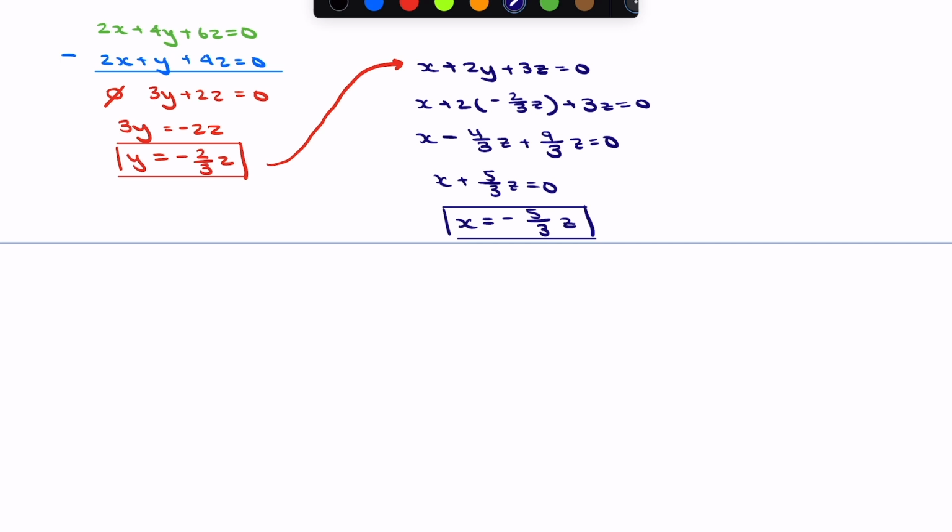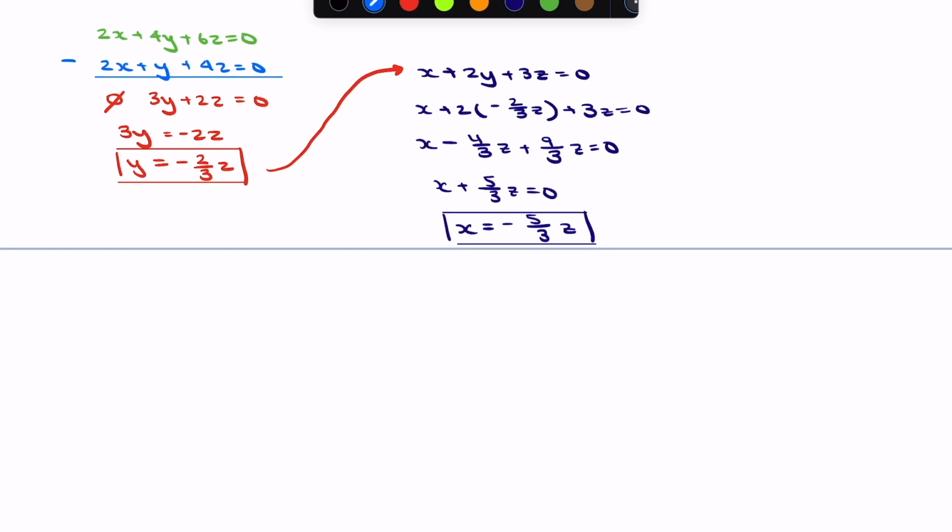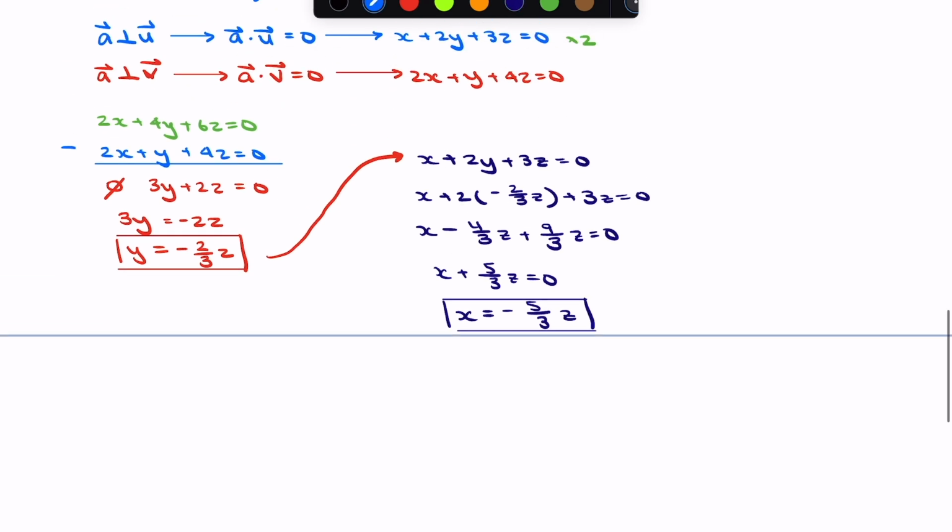From there, then we see here that vector A will be equal to negative 5 over 3z, negative 2 over 3z, and z.